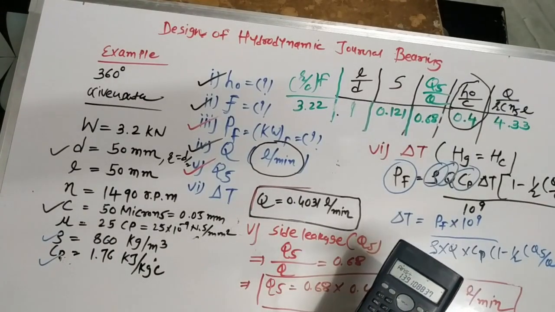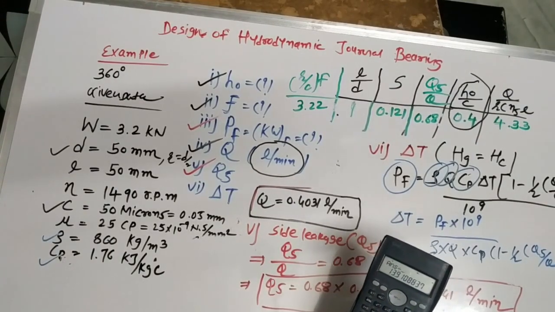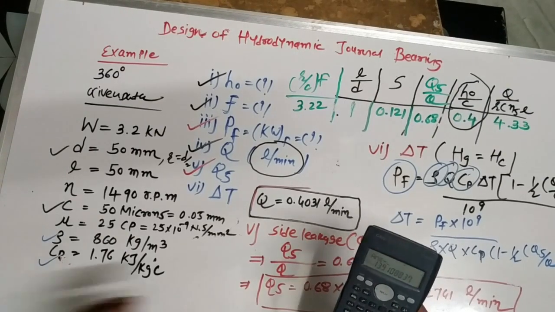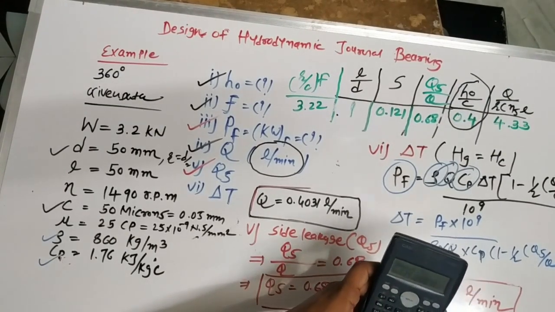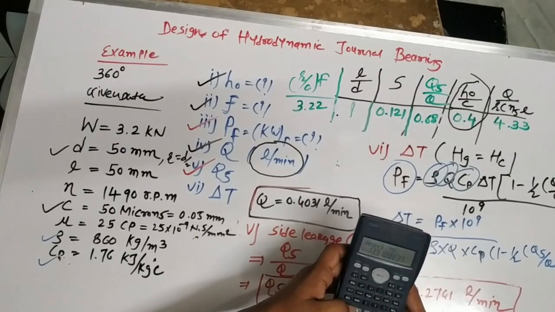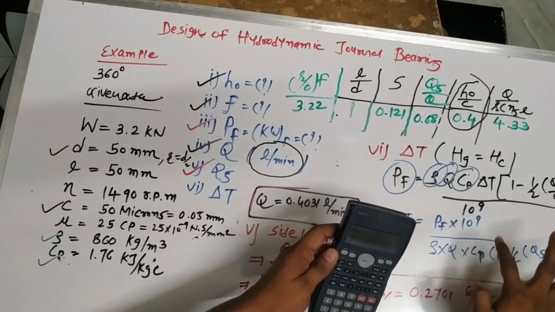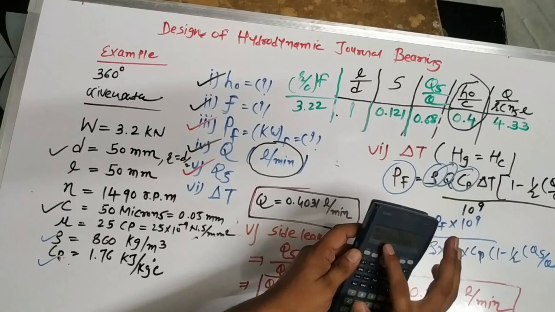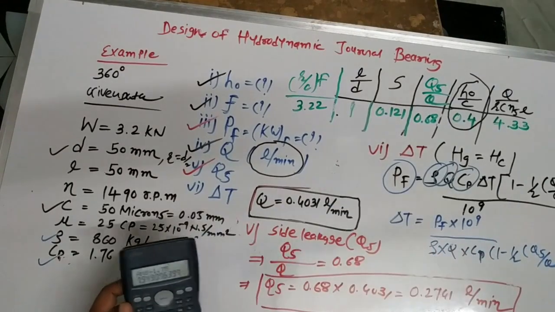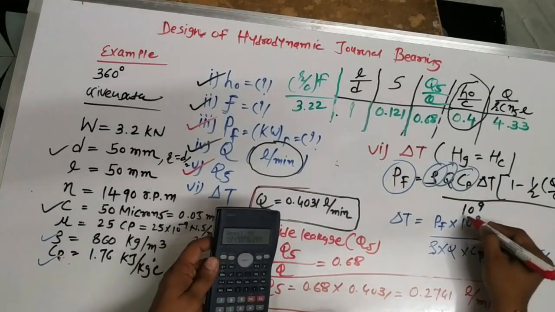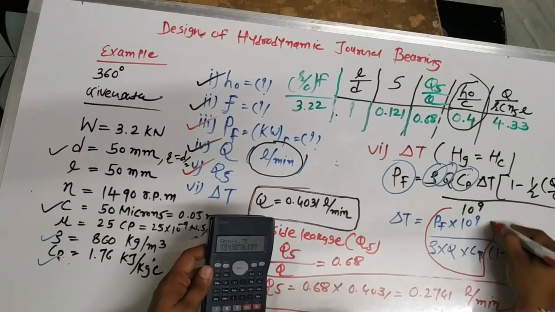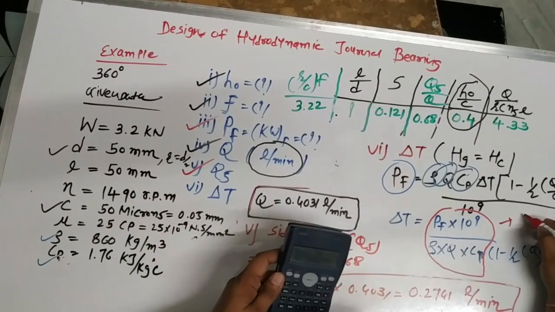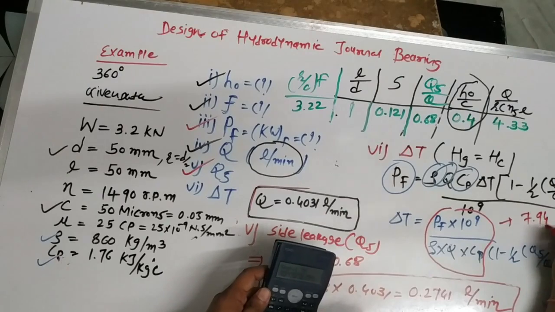Cp is in kilojoule per kg into second, that is 1.75, right? So this particular part will become 7.94. That is the simplification of that part only. I am not taking 1/2 QS by Q here because that is very useful for the next segment also.